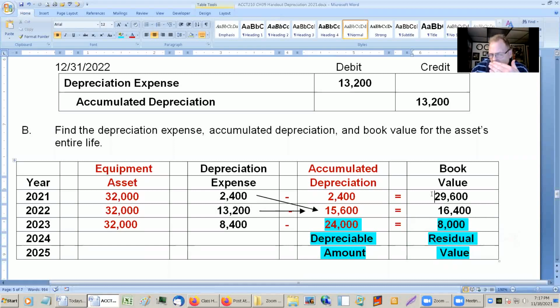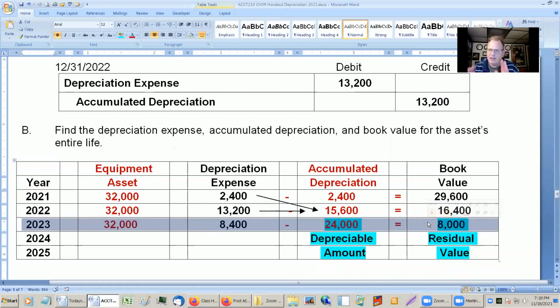So if you do find out that your estimates are off, let's say they're off a lot, you think it's going to last for 10 years and it's really only going to last for 5, you do not go back and change the financial statements. So for instance, if in 2023 you found that something was off, you say, oh, wait a minute, it's going to last for 200,000 miles, you don't go back to this year and recalculate it. When you find that the estimate is off, at that point in time, you plan for this new estimate going into the future.